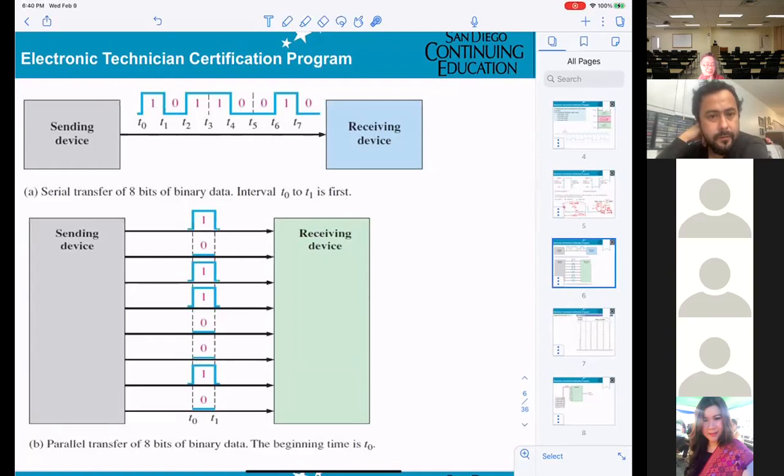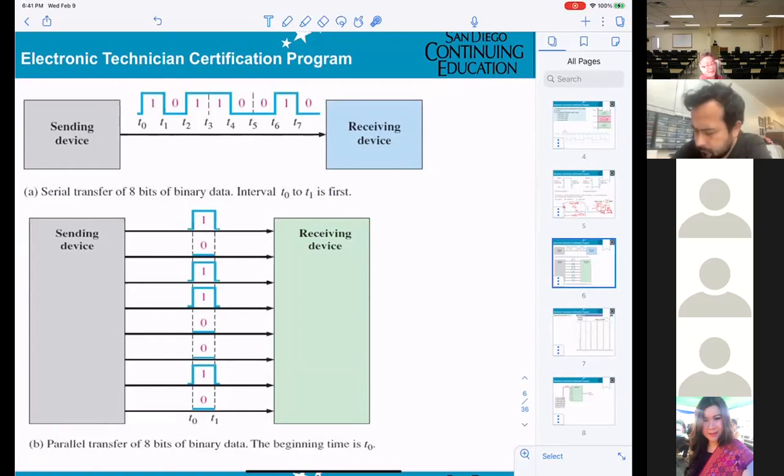Serial data, for sure, will be slower than parallel data. You get 8-bit one at a time transferred. Parallel, they transfer 8-bit at the same time. They are faster.